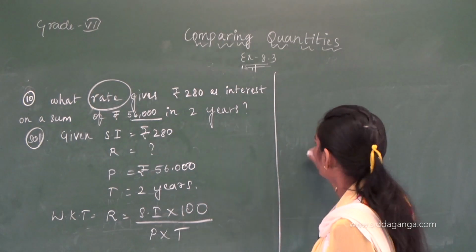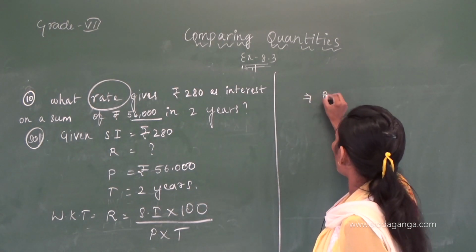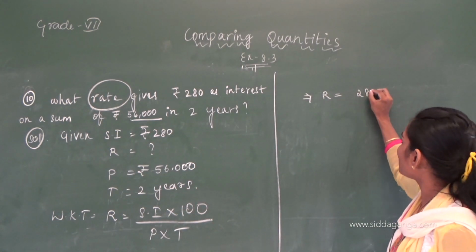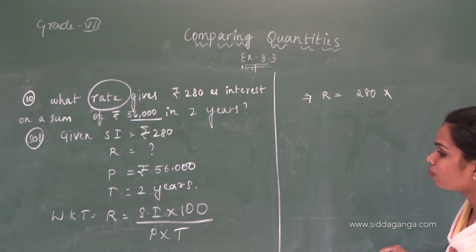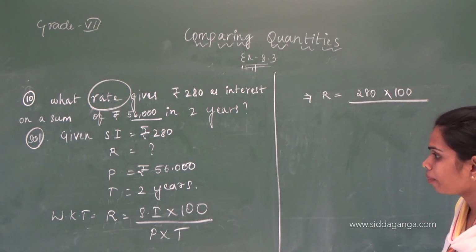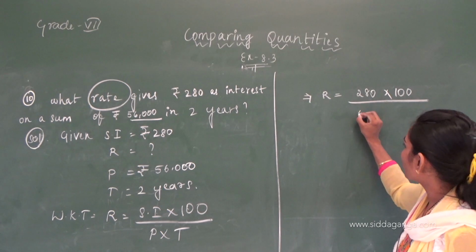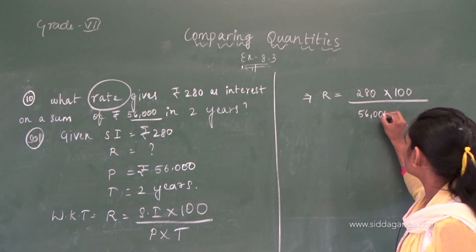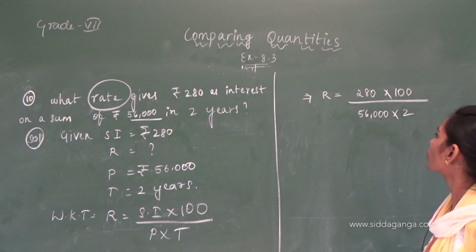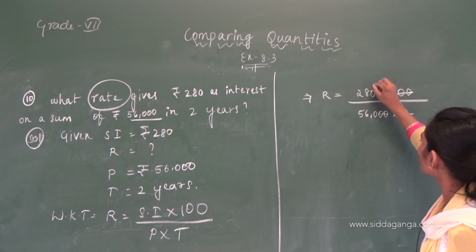That implies R equals SI, which is 280, into 100 divided by principal 56,000 into T, 2.